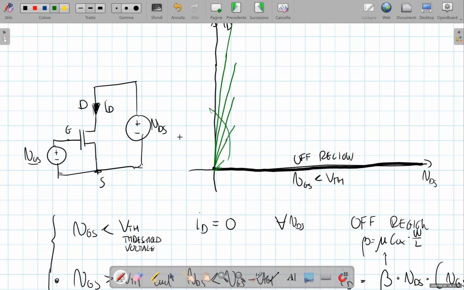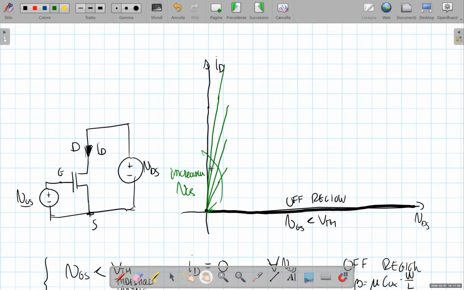So this is for increasing VGS. And if VGS is high enough, the conductance becomes so high as to be close to a short circuit. In this plane, the behavior of a short circuit between drain and source corresponds to the vertical axis, no?